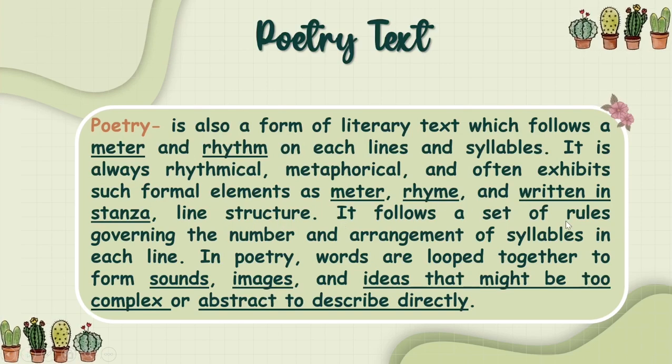It follows a set of rules governing the number and arrangement of syllables in each line. In poetry, words are looped together to form sounds, images, and ideas that might be too complex or abstract to describe directly. Poetry text, ito yung mga tula.